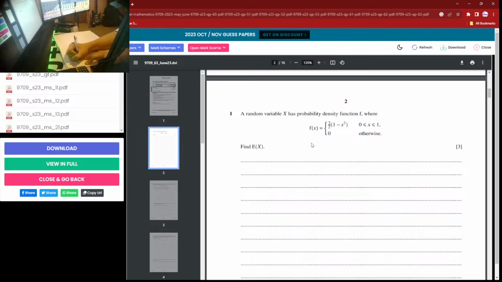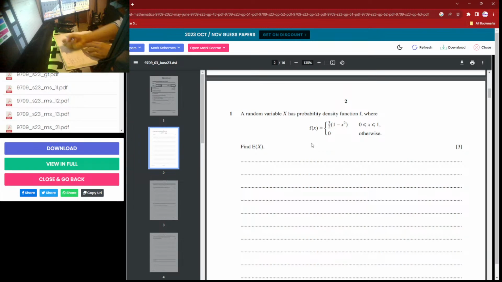Then we will get 3 over 2 bracket x squared over 2 minus x to the 4 over 4, limits 1 and 0. We put the limits in and we will get 3 over 2 times 1 over 2 minus 1 over 4, which is 3 over 8.